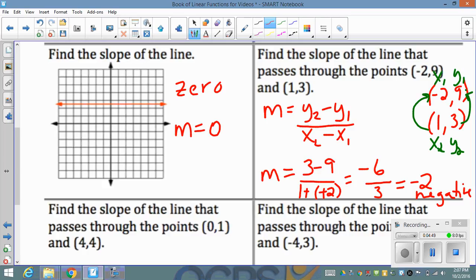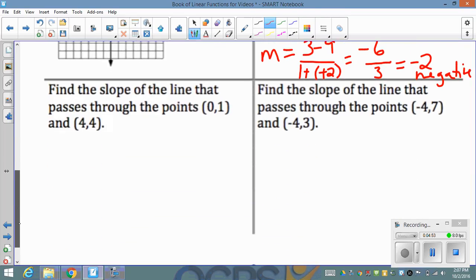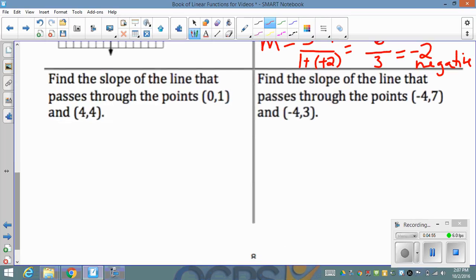Continuing along to our next example. Again, we need to use our slope formula because I'm given 2 points. y2 minus y1 over x2 minus x1.